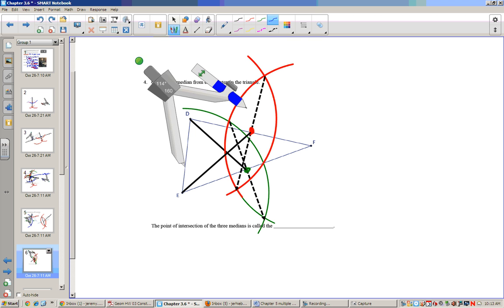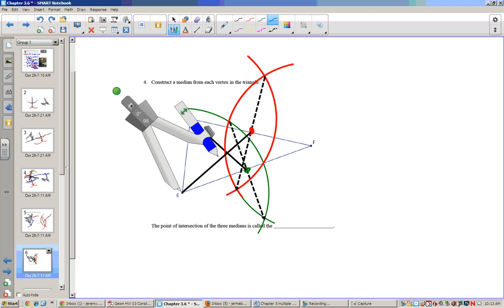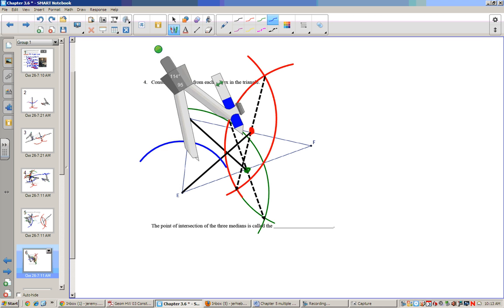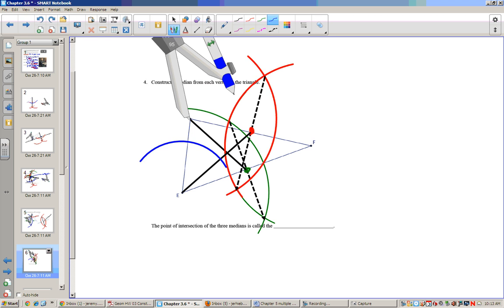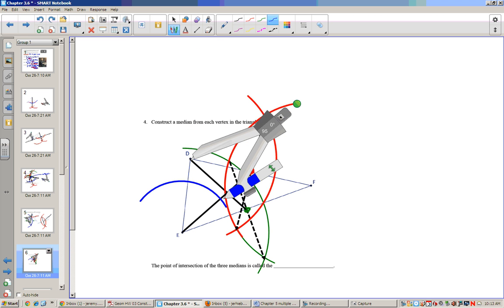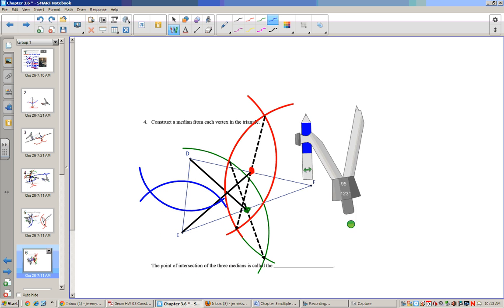Finally, in blue, I'm going to do my last one. Rein this in a bit. Make one arc. Move it up to D. Make another one.